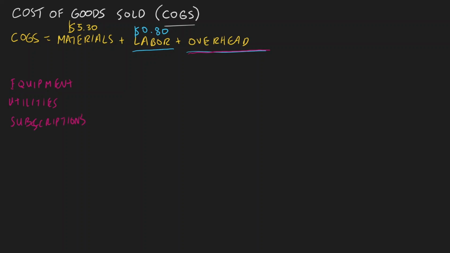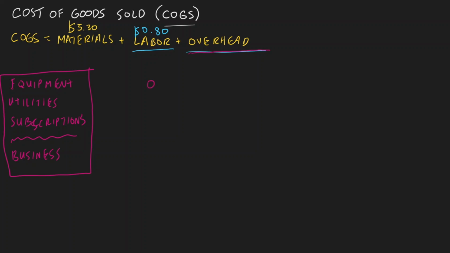Overhead is literally everything inside of your business that isn't being directly qualified into the candle itself. This is not labor, this is not materials, this is everything else inside of your candle business. It is a beast to calculate. We did an entire video talking through how to price your candles, how to look at overhead. There's a lot of different ways to do that. We're going to simplify it today.